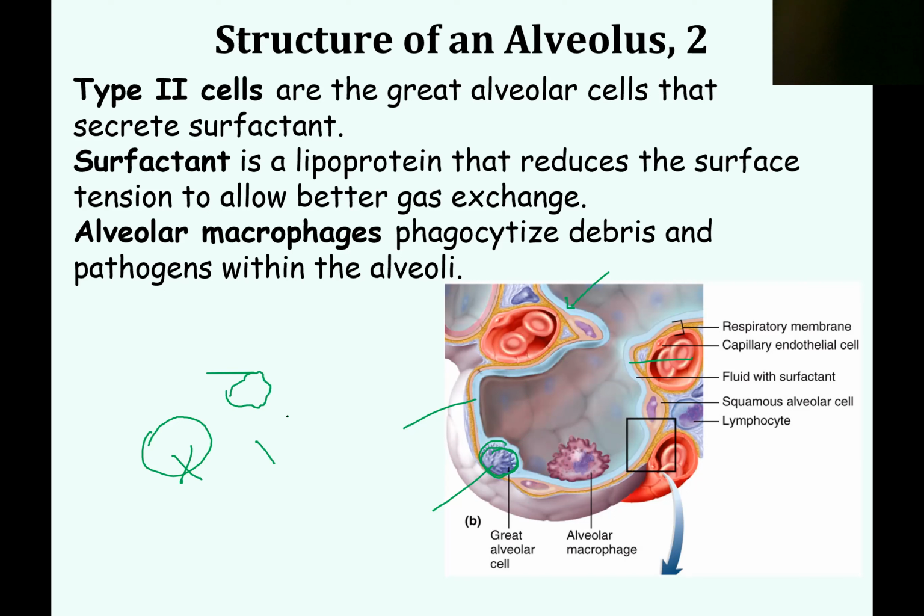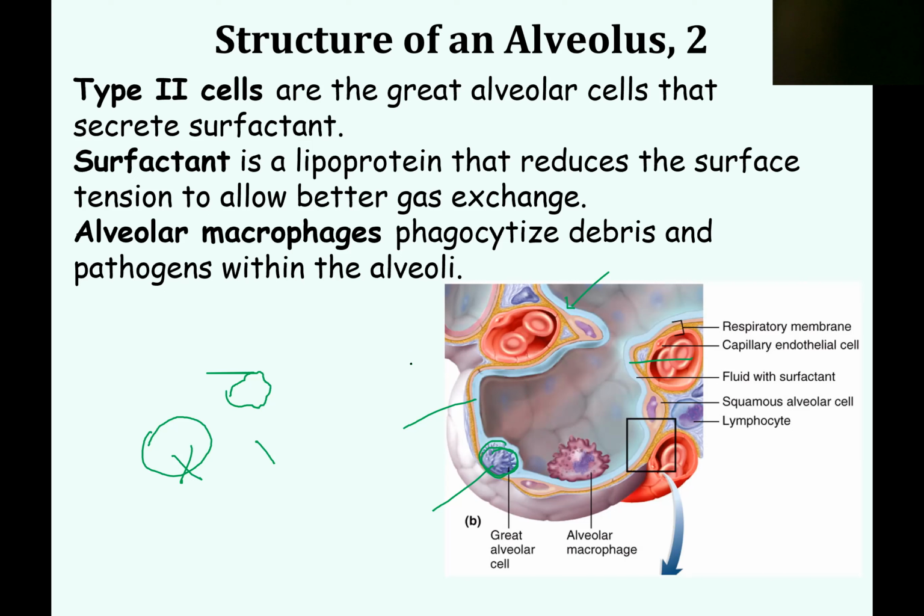You used to be able to distinguish, or you still can, a premature infant's ability or fetus before it's born, its ability to withstand atmospheric air. If they were making surfactant, then they would have a better chance of survival.